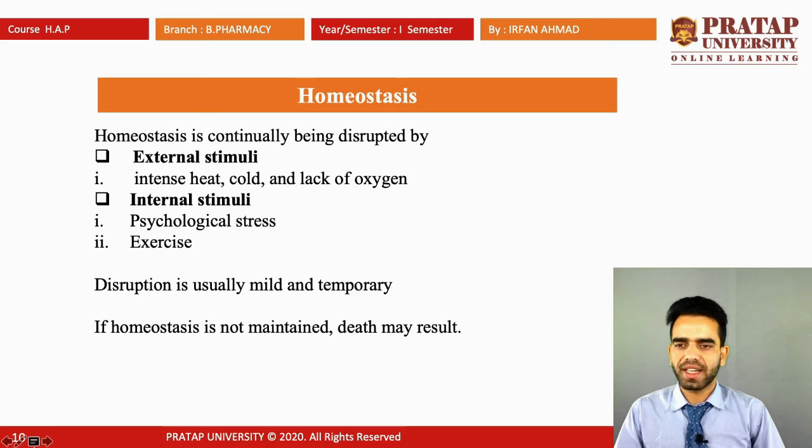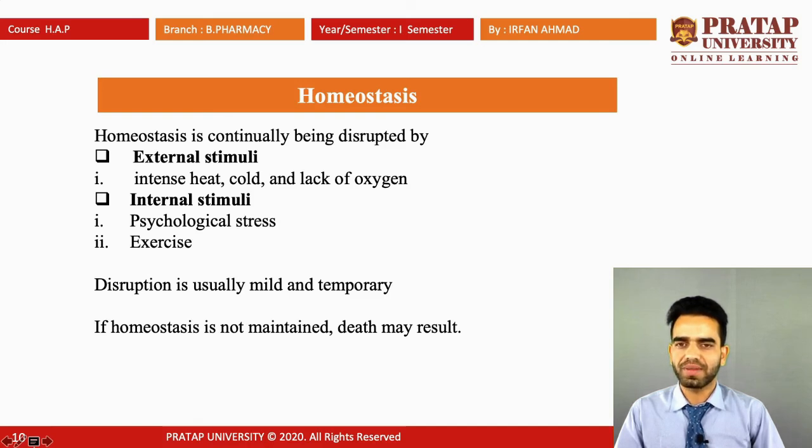And second is exercise, that will also sometimes disrupt homeostasis. This disruption can be mild, meaning very low, or it can be temporary. And if homeostasis is not maintained, death may result, because if you cannot maintain your internal environment, that will lead to death.